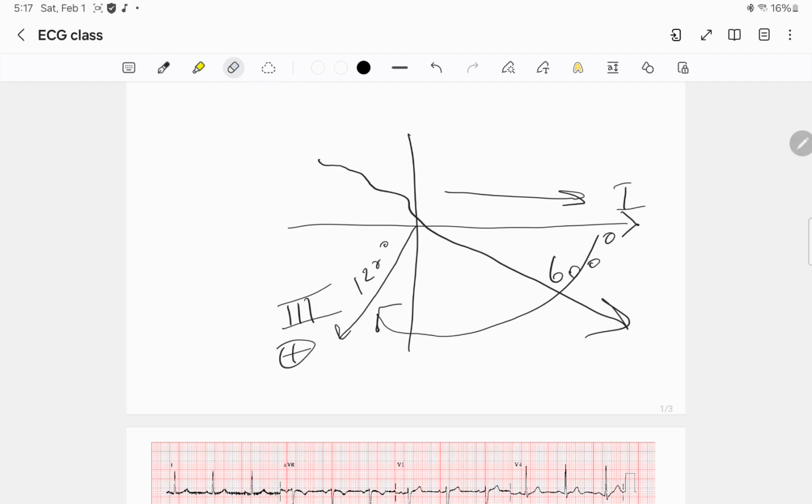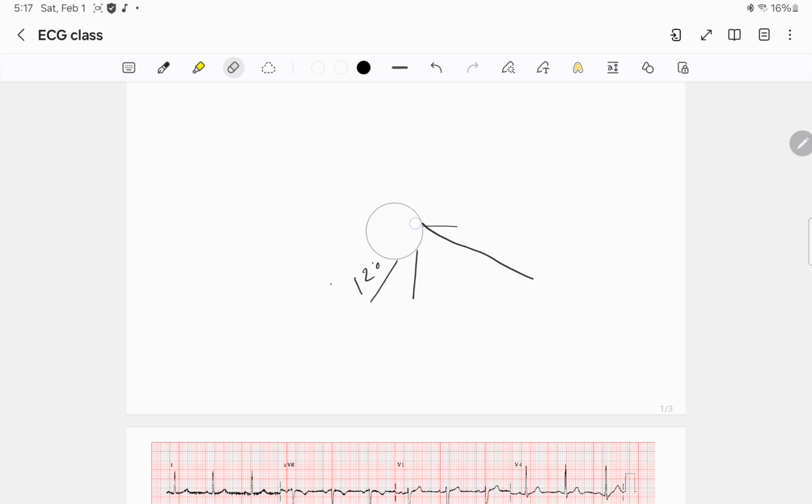Again, in summary, in the rightward facing leads such as lead 3 and lead V1, the repolarization vector, which is the T wave, may be inverted without there being any pathology.